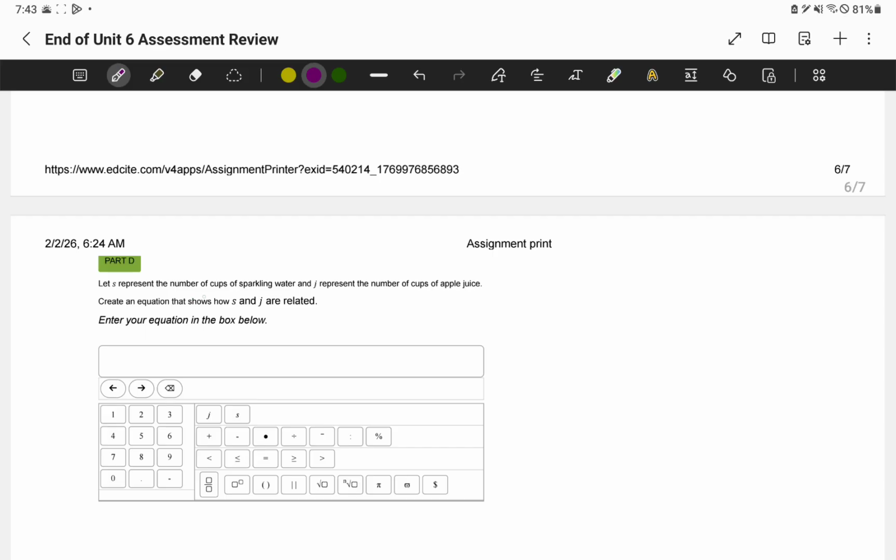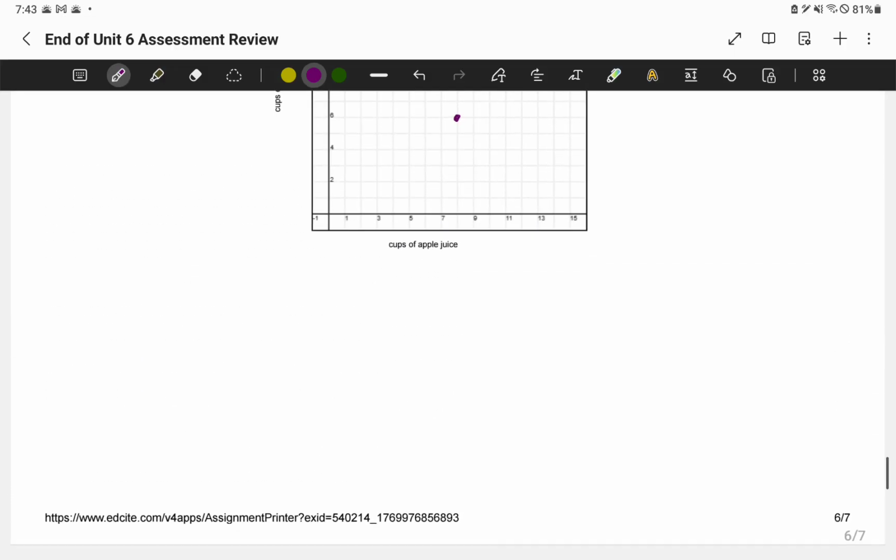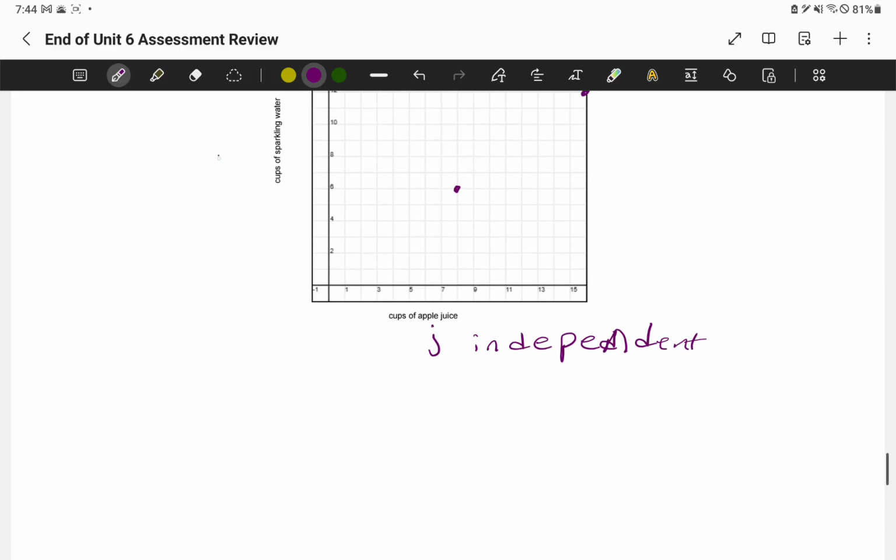Let S represent the number of cups of sparkling water and J represent the number of cups of apple juice. So I've got S and J. Create an equation to show how they're related. J is my independent variable. And S is my dependent.